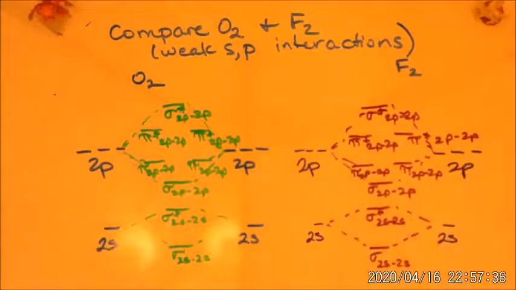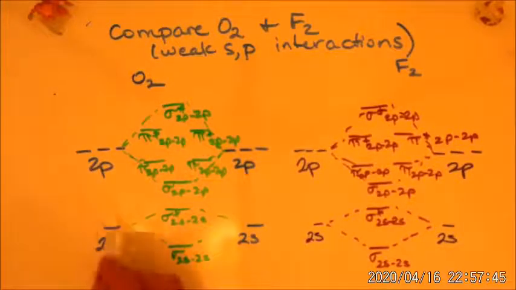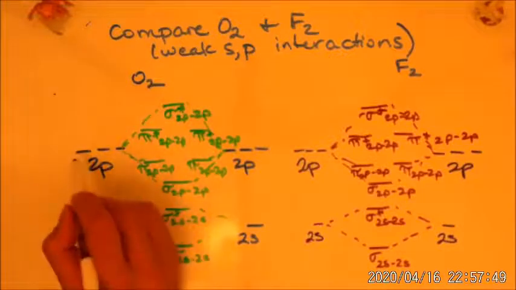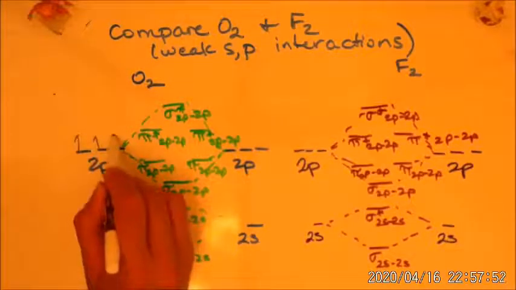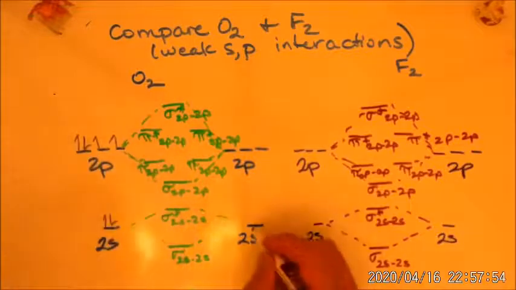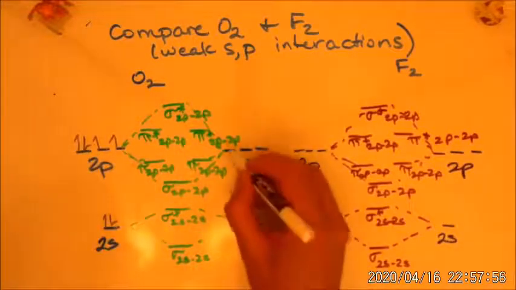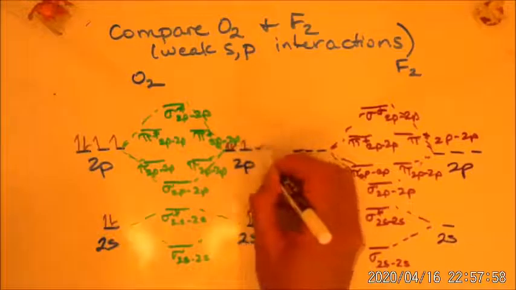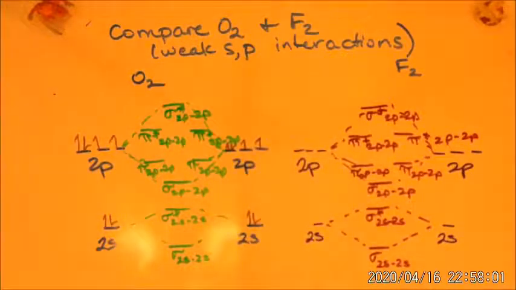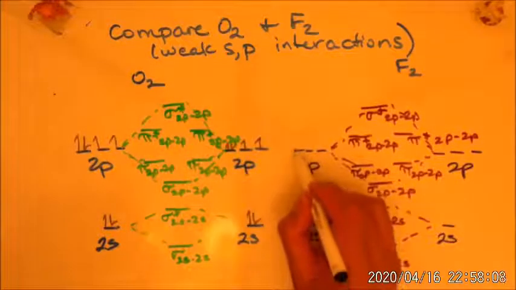So now you can see the symmetry of our molecular orbitals compared to our individual atoms here and here. Oxygen is 1s2, 2s2, 2p4, whereas fluorine is 1s2, 2s2, 2p5.